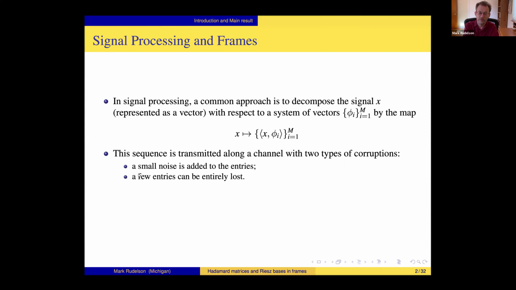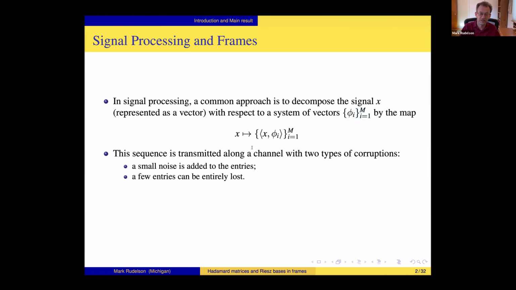So what we do, we encode it first, and encoding of an analog signal is a system of measurements. The measurements are the inner products of a signal represented as a vector by some other vectors, this system phi, and we get a string of real numbers. Then we transmit this string along a channel.